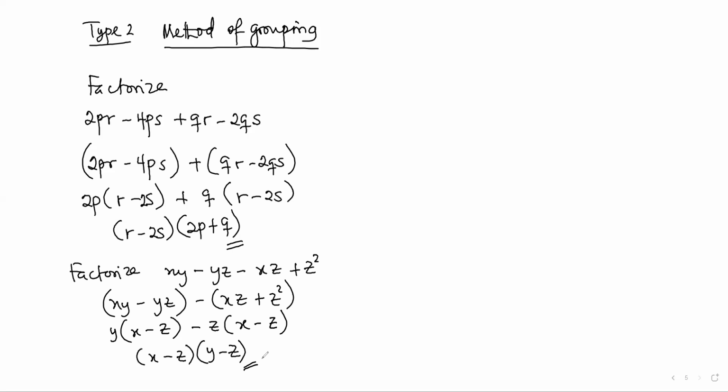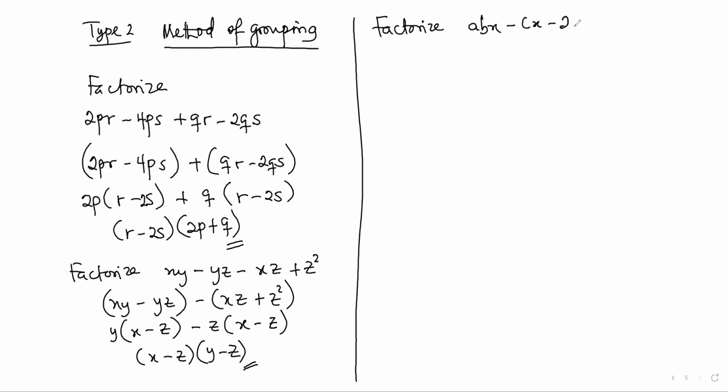Let's take another question on that. Factorize abx - cx - 2aby + 2cy. Once again, we group them pairwise. We can group abx and cx since they have something in common. Then we can group 2aby and 2cy since they have something in common.